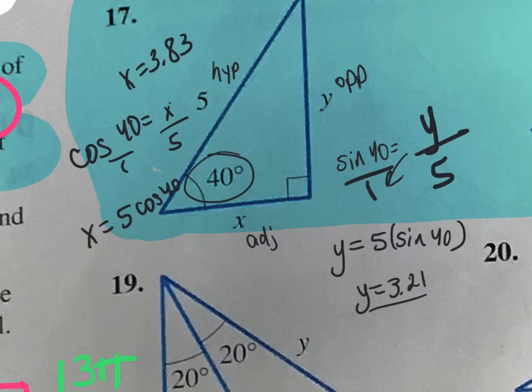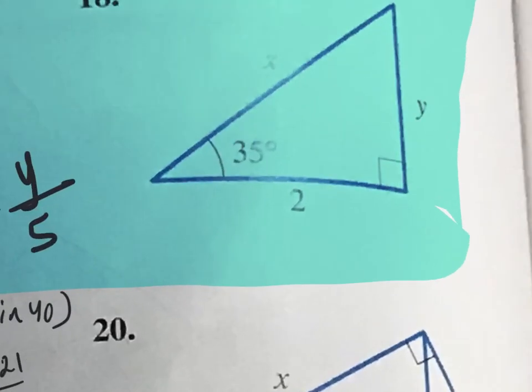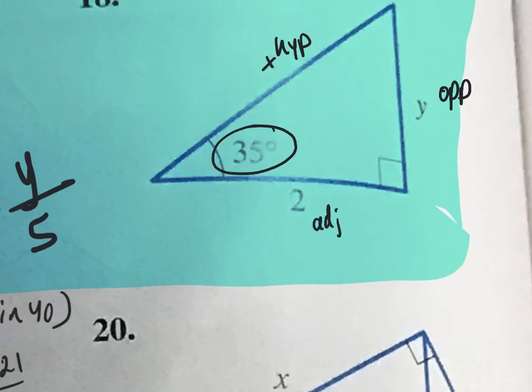And they're opposite. So if I came over here, what's the angle that they gave me? 35 degrees. So in reference to 35, what is y? The opposite, good. And what is x? The hypotenuse. So if I was trying to find y with what they gave me, what's 2? 2 is adjacent, good. So what would I use? How would I find out what y equals?